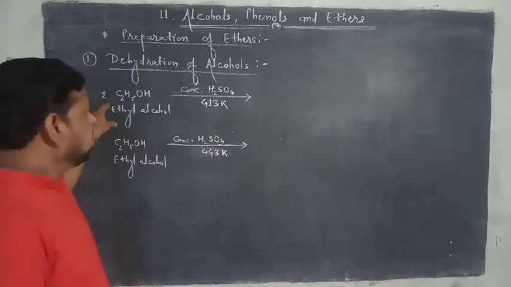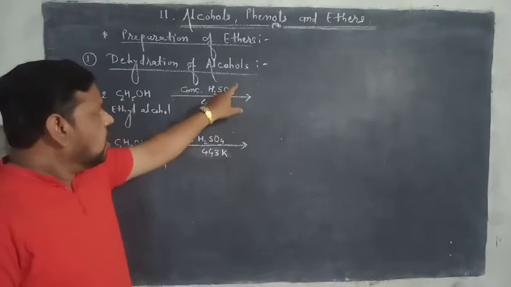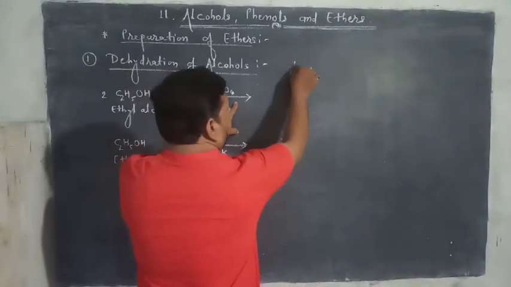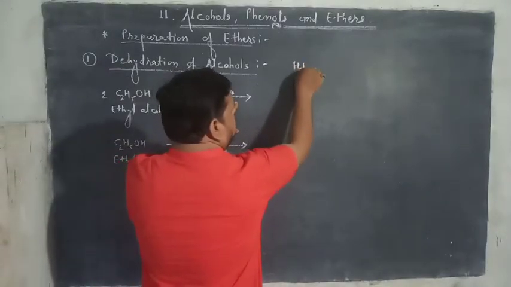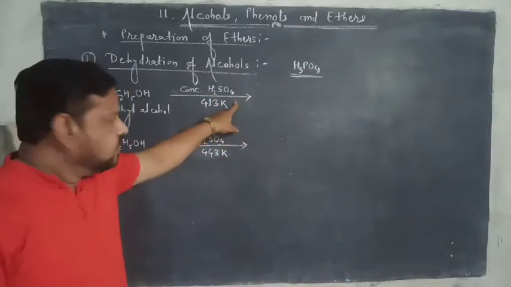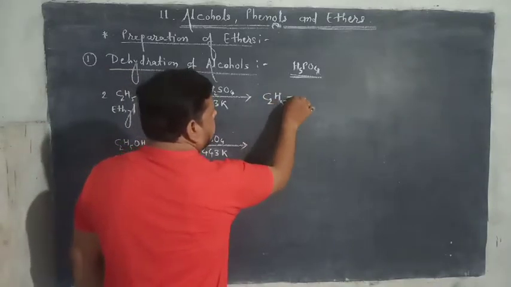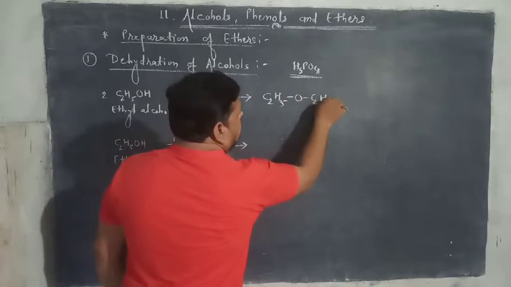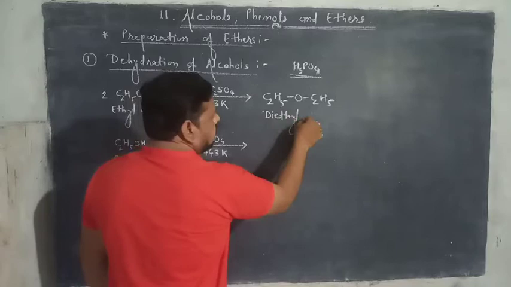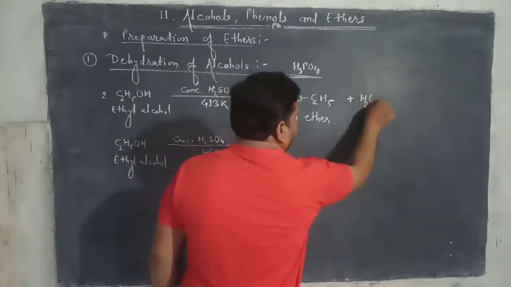In this method, ethyl alcohol is heated with concentrated sulfuric acid, or instead we can use phosphoric acid, H3PO4. Then it gives diethyl ether and water.